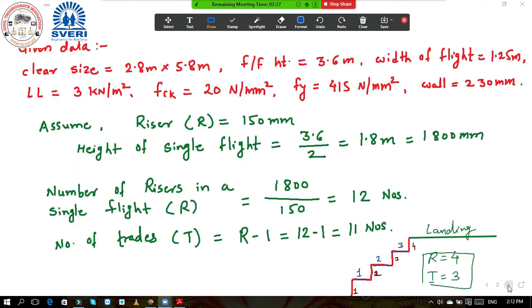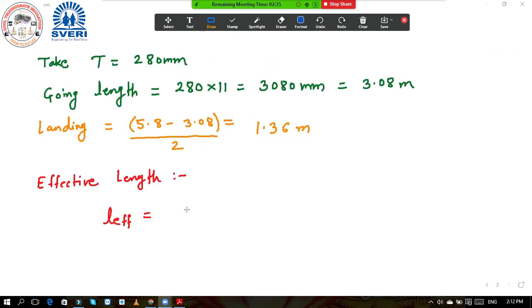Okay, so now if we come here, L effective is 5.8 plus 0.23 by 2 plus 0.23 by 2. What is the answer?